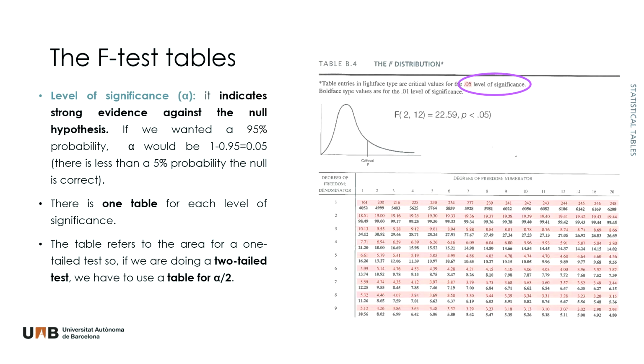Besides, there is one table for each level of significance, so we will have to choose the specific table for the alpha that we are working with. What's also relevant is the fact that in case we are doing a two-tailed test, we have to look at the table for half the value of the level of significance wanted, because the tables refer to a one-tailed test.